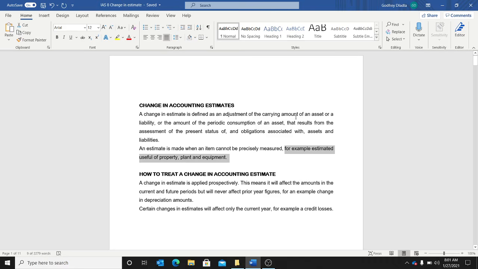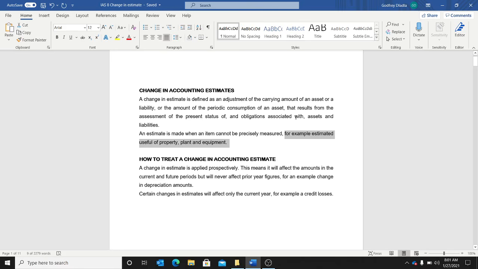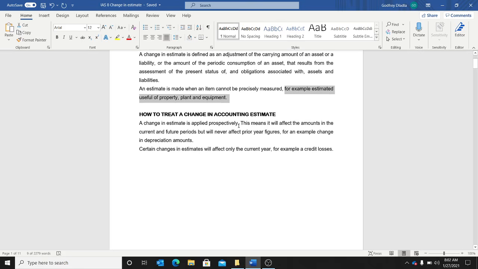For example, with credit losses, which we used to call a provision, if people are not paying you this year, you will estimate that maybe 5% of the people are not going to pay. But it's not certain that exactly 5% will come out like that. There are some people within the 5% that you've put as a provision or credit loss that will pay. That is what we do when dealing with a change in accounting estimate.